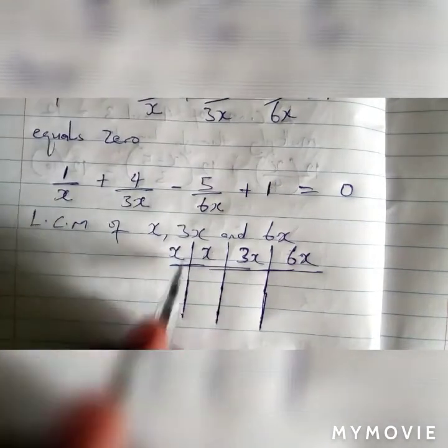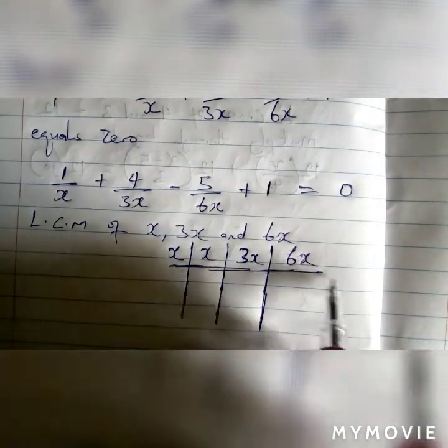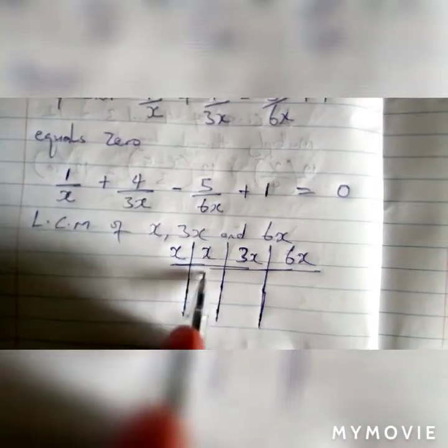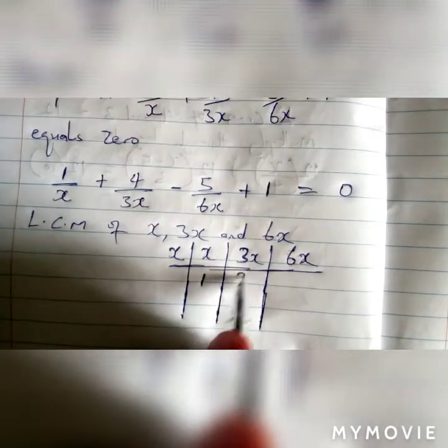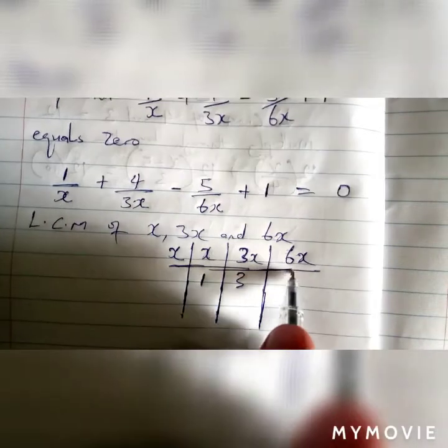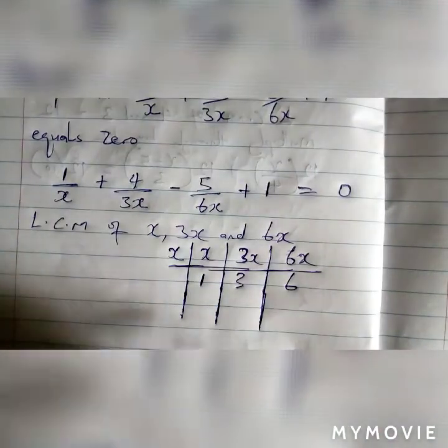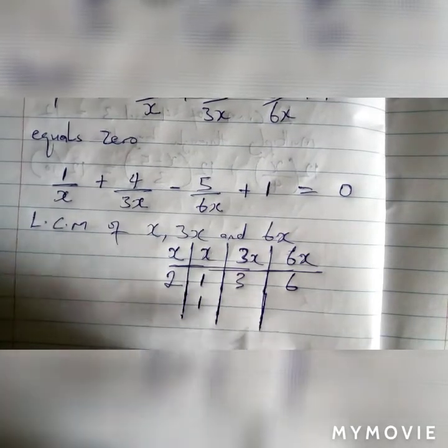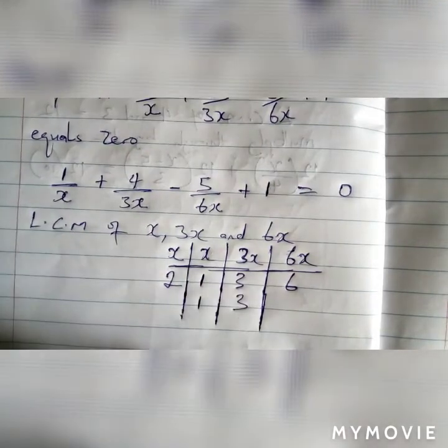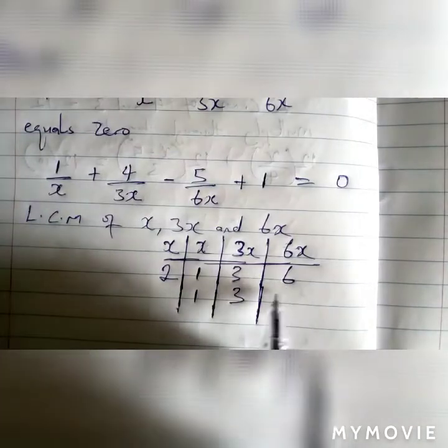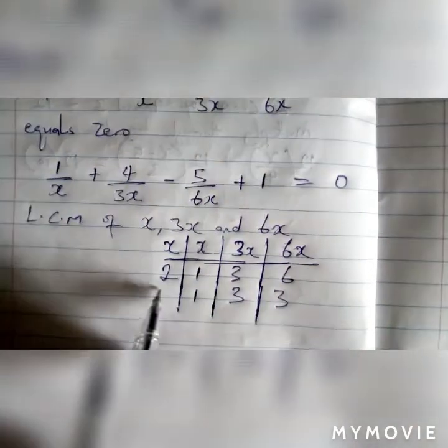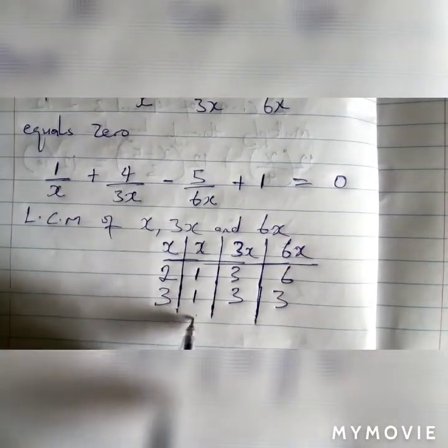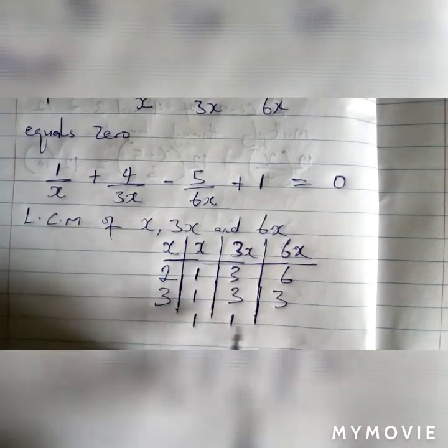So I use x to divide everything here. x into x, I have 1. x into 3x, I have 3. x into 6x, I have 6, right? Which other number? 2 can go. Here, I still bring down my 1. 2 into 3, it can't, I bring down my 3. 2 into 6, I have 3. Which other number? 3. Here I bring down my 1, 1, 1.